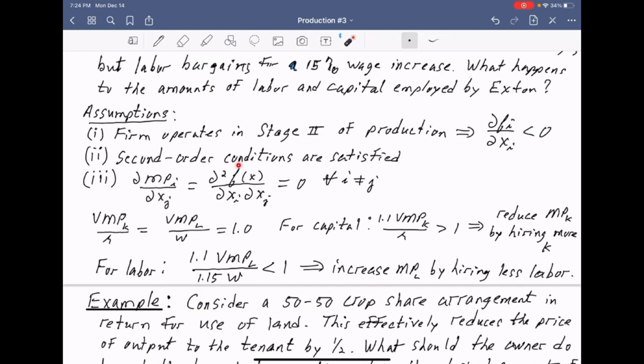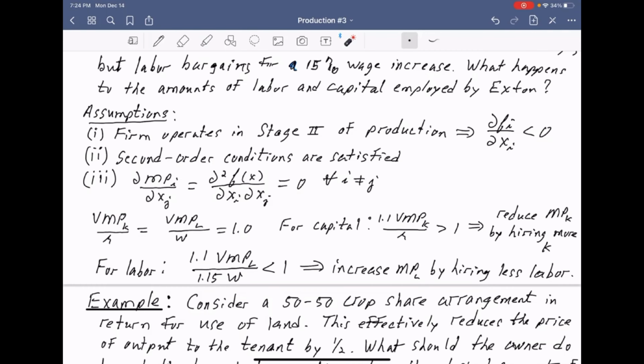Number 2 is that second order conditions are satisfied. And number 3 is that the cross partial derivatives of that production function, so the partial of any given marginal product i with respect to some other input xj, has to equal 0.